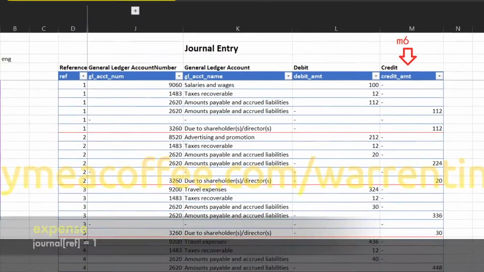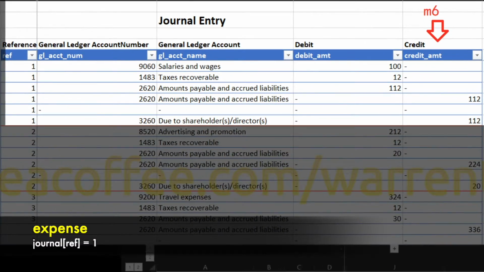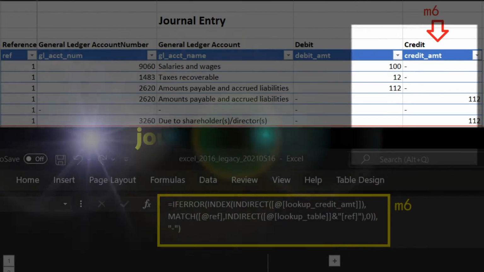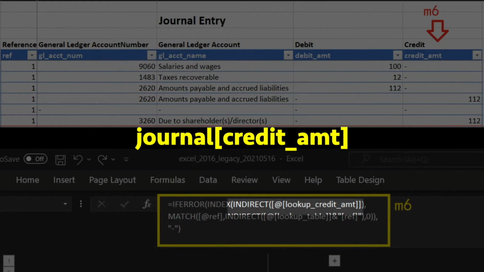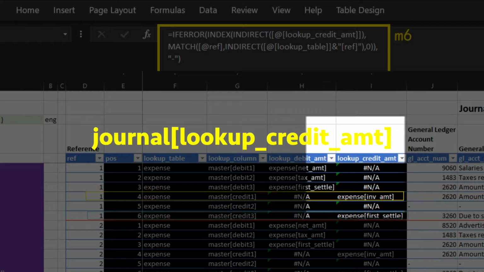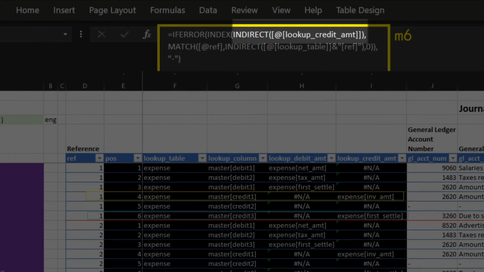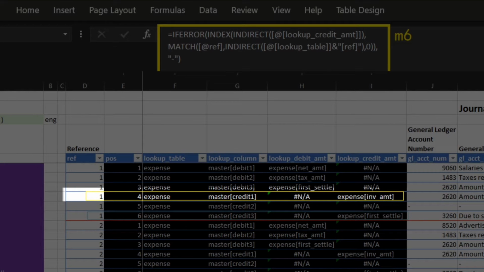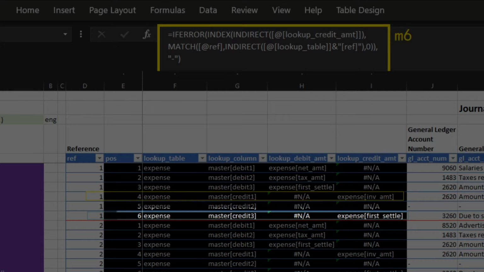For the expense transaction, when we trace from the credit amount formula to the lookup credit amount column, we see that our target column for expense position 4 is expense invoice amount. And the target for expense position 6 is expense first settle.